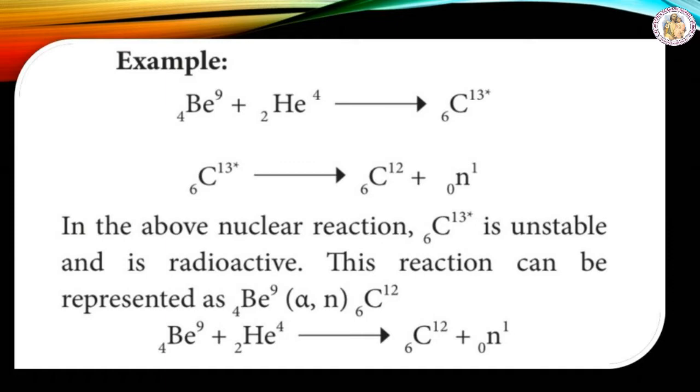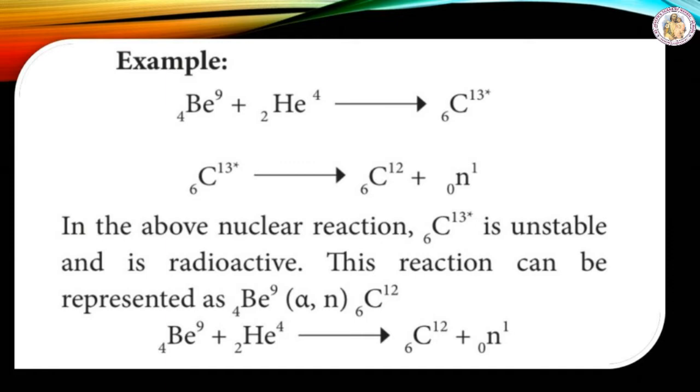Let's see an example: 4Be9, that is the beryllium element, atomic number 4 and mass number 9, plus He, helium, with atomic number 2 and mass number 4. It gives 6C13.